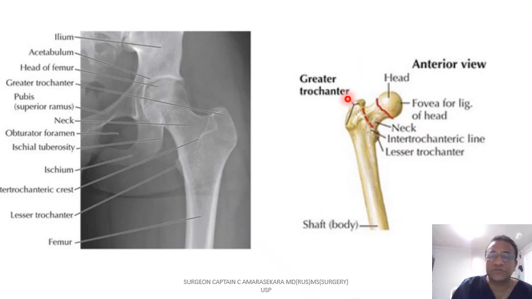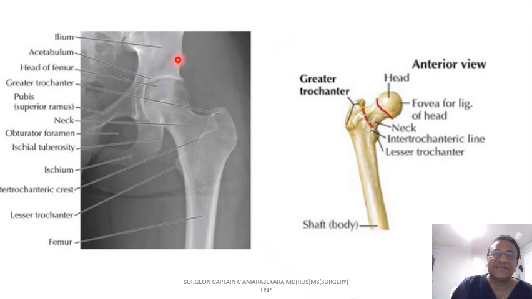These greater trochanter and lesser trochanter are very important muscle attachment sites. And these landmarks are very important in both imaging and surgical planning.